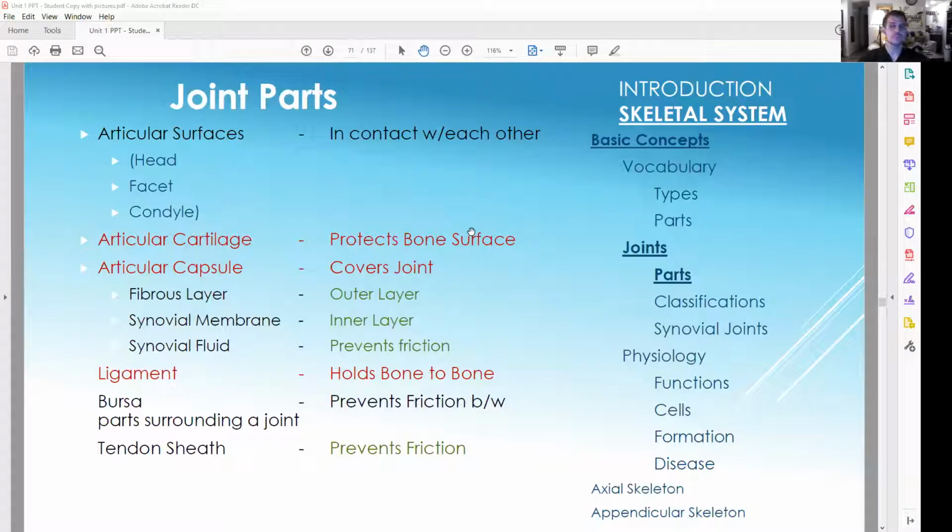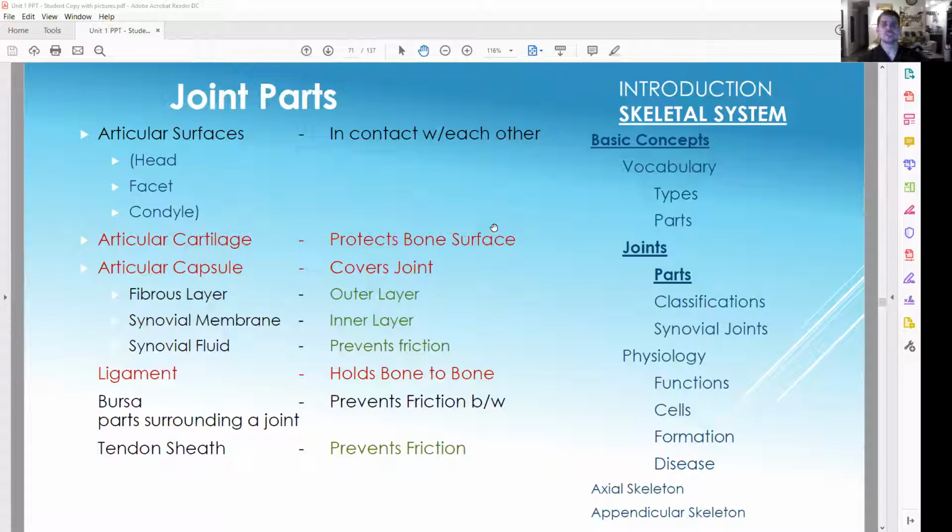Now there will be some problems where I make you do a little bit of critical thinking. A good example might be identifying bones. I would expect you after this unit on the bones to know where your mandible is.